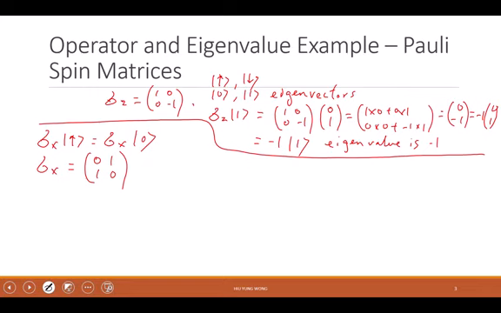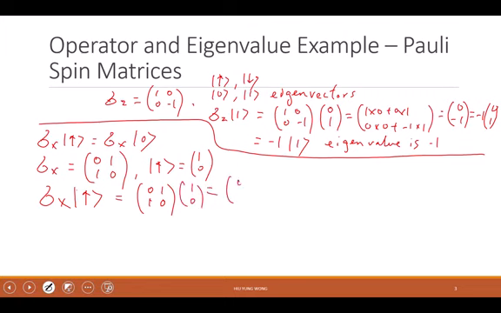So for this sigma x, if I apply it to 0 or apply it to spin up, again, what is spin up? Spin up is the first eigenvector, so it is 1, 0, right? So when I apply it, it is 0, 1, 1, 0, which is sigma x times 1, 0. Let me do the math again. 0 times 1 plus 1 times 0, right?